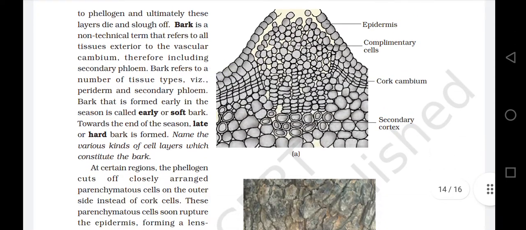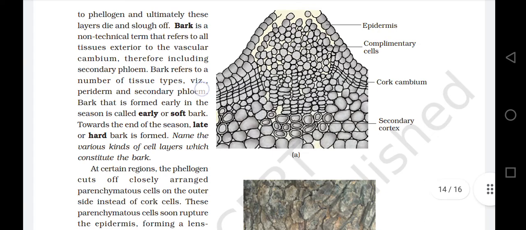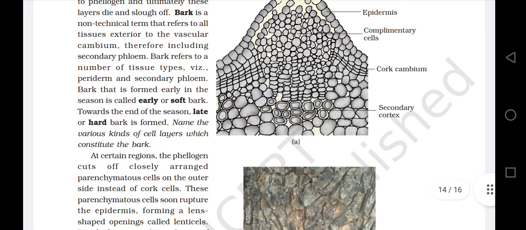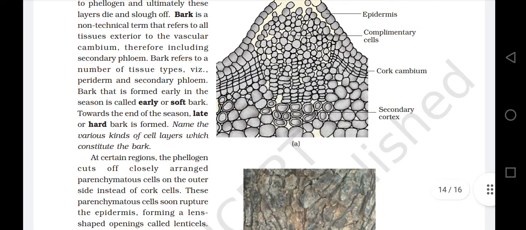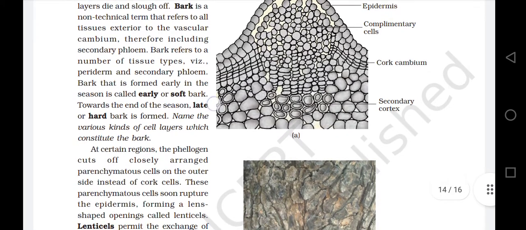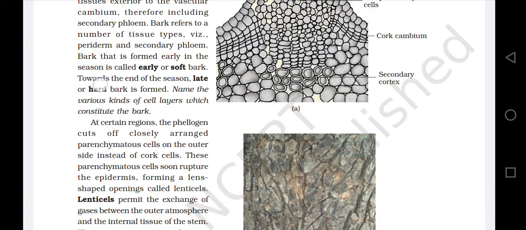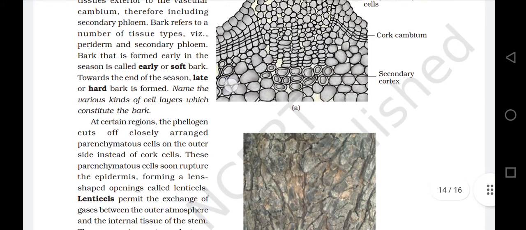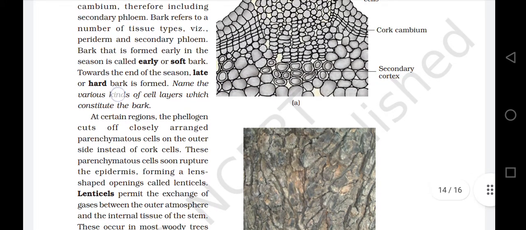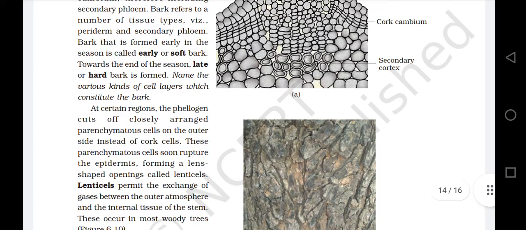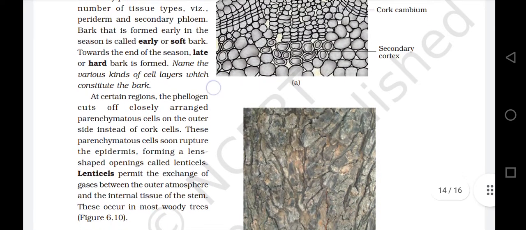Bark refers to a number of tissue types. Visualize periderm and secondary phloem. Bark that is formed early in the season is called early or soft bark. Towards the end of the season, late or hard bark is formed.